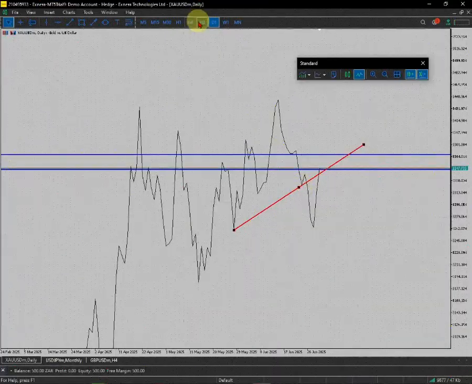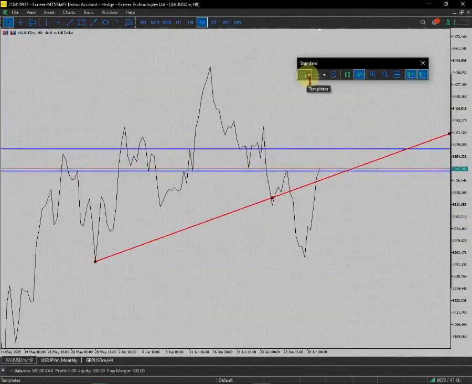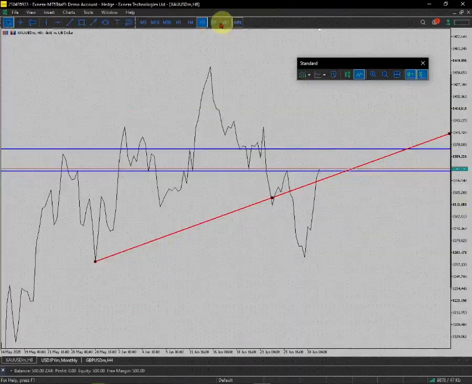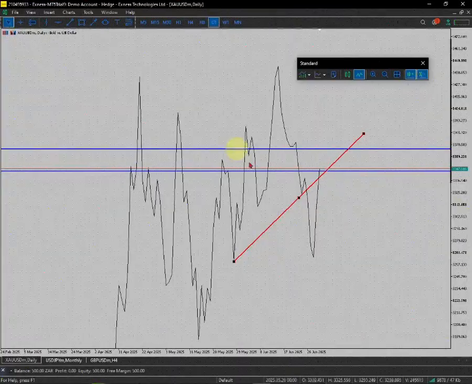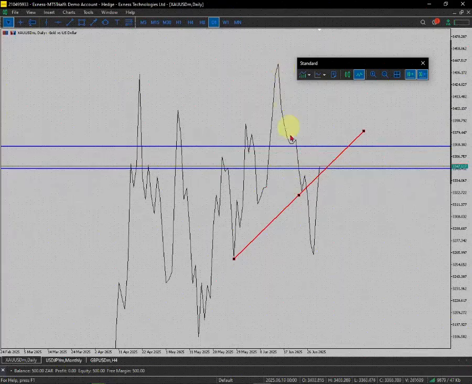And then right now, when I go to a lower time frame, the 8 minutes, right here you can see that when price came right here, I cannot draw.